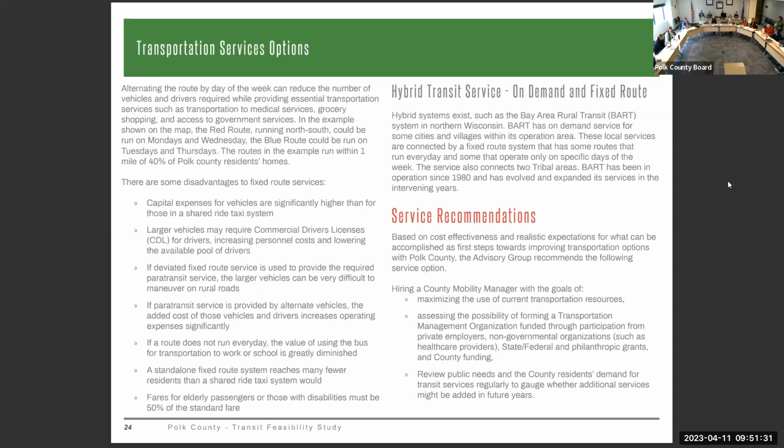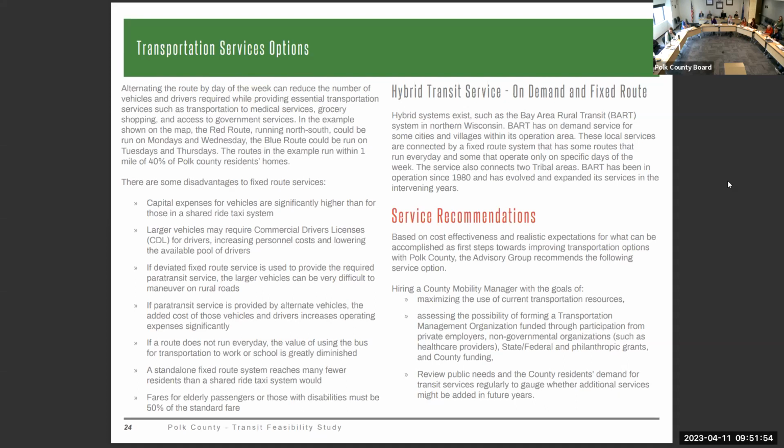And it allows for more steps to be done because you've got a dedicated person looking at what those steps might be and what the funding sources might be. And also ongoing assessment of needs. And it gives someone to spearhead and concentrate interest from other organizations within the county.